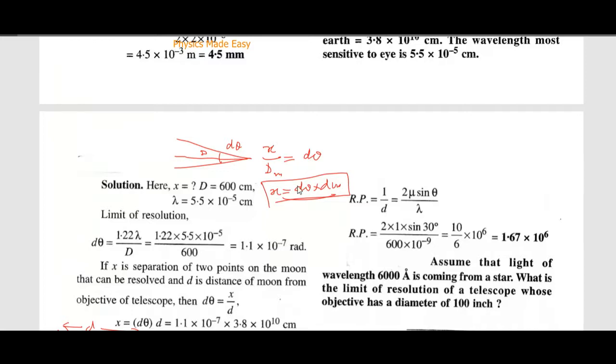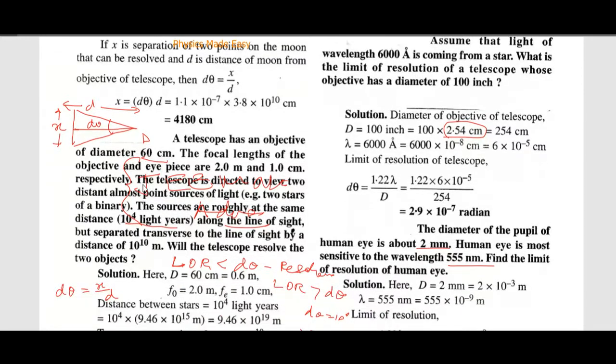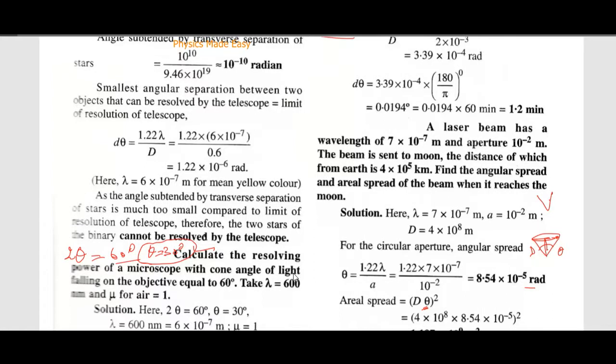This has been used many times, and also sometimes the angle of the cone is very important. This d theta, again the formula that we have used earlier, x by d is d theta. If the angle subtended d theta is more than the limit of resolution, then the object is resolved. If it is less than the limit of resolution, then the object is not resolved. This is the only important point that we have come to know.